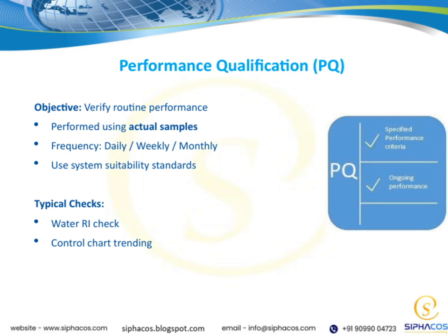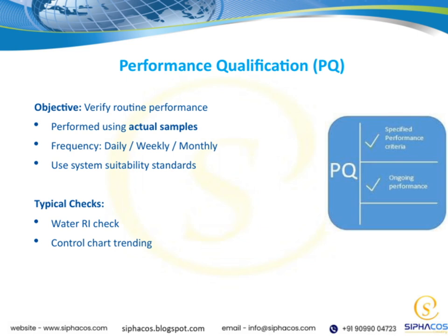It's important to use system suitability standards during these checks, as they serve as benchmarks to confirm that the system is functioning properly. Some typical checks we perform include the water RI check, which helps verify the water quality and consistency. We also do control chart trending, which involves plotting data over time to identify any shifts or trends that might indicate a problem.